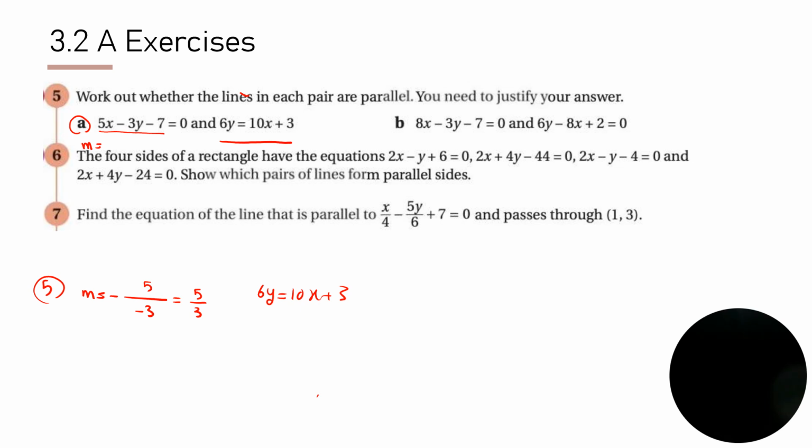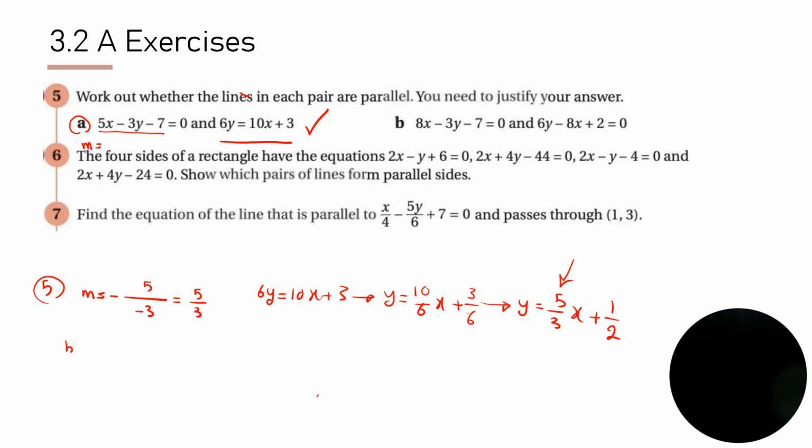You can divide everything by 6, therefore it will be y equals 10 over 6 x plus 3 over 6. You can simplify it a little bit. It will be y equals 5 over 3 x plus 1 over 2, because you can simplify 10 and 6 by 2, and 3 and 6 by 3. As you see, the slope of the second line is 5 over 3, which is equal to the slope of the first line. Therefore, the lines are parallel.